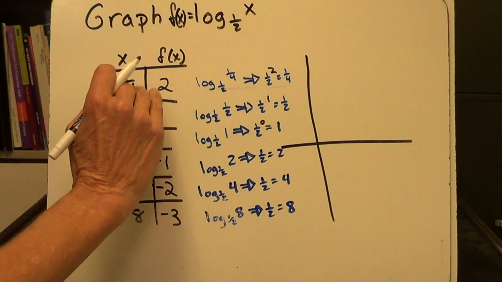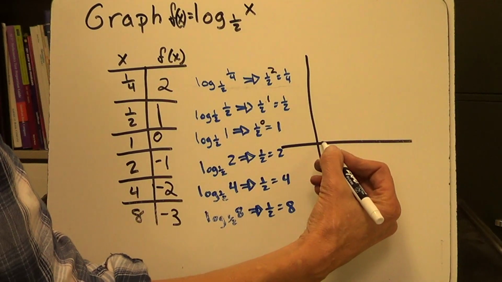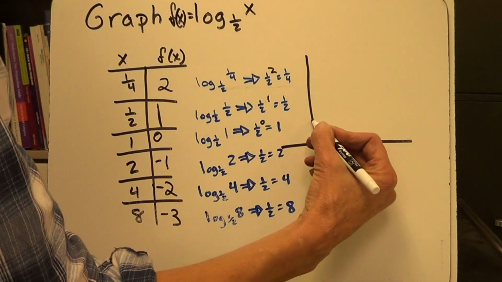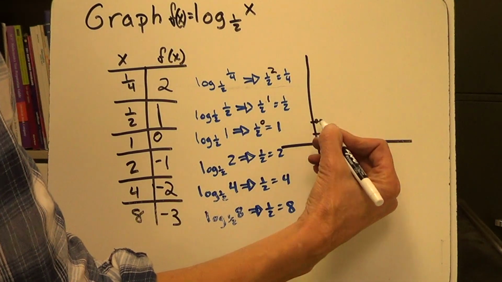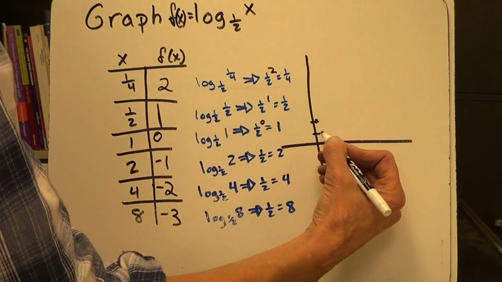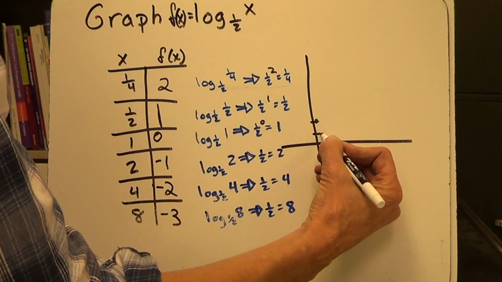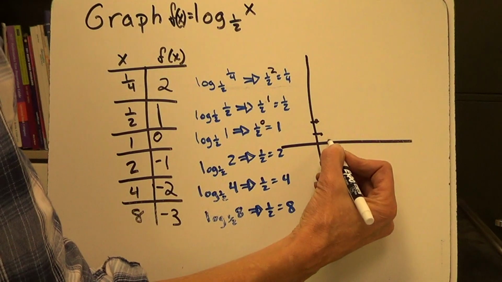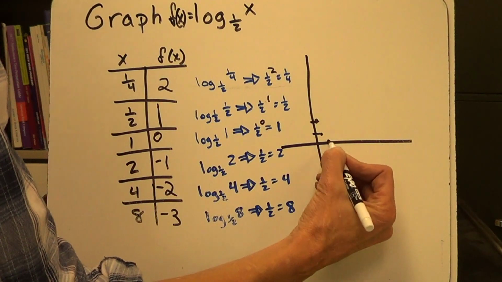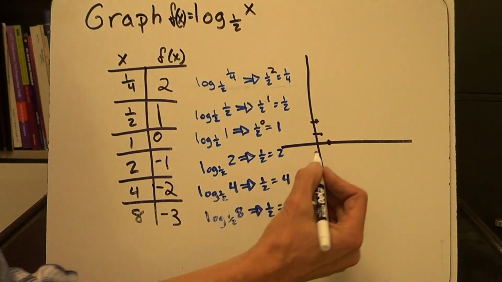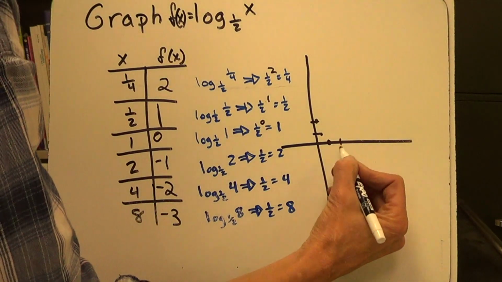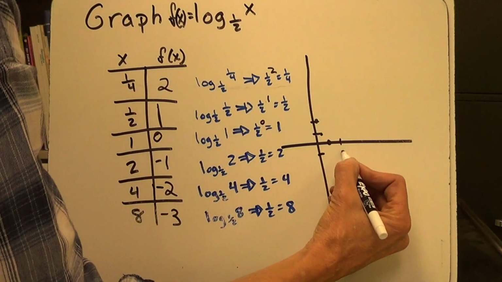So now I just come over where x is a fourth, I'm at 2. Where x is at a half, I'm at 1. At x is 1, I'm at 0. That's what I call my vertex right there. At 2, I'm at -1.